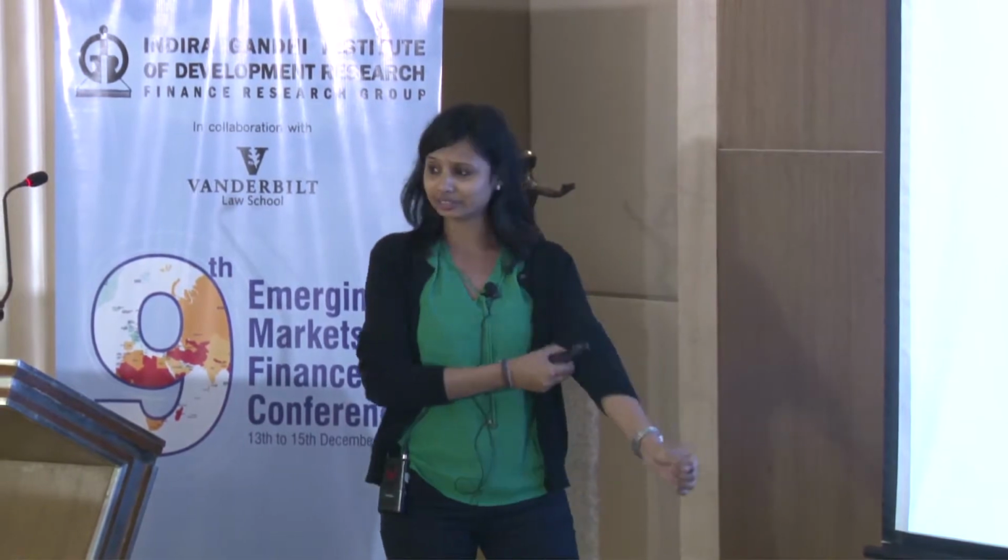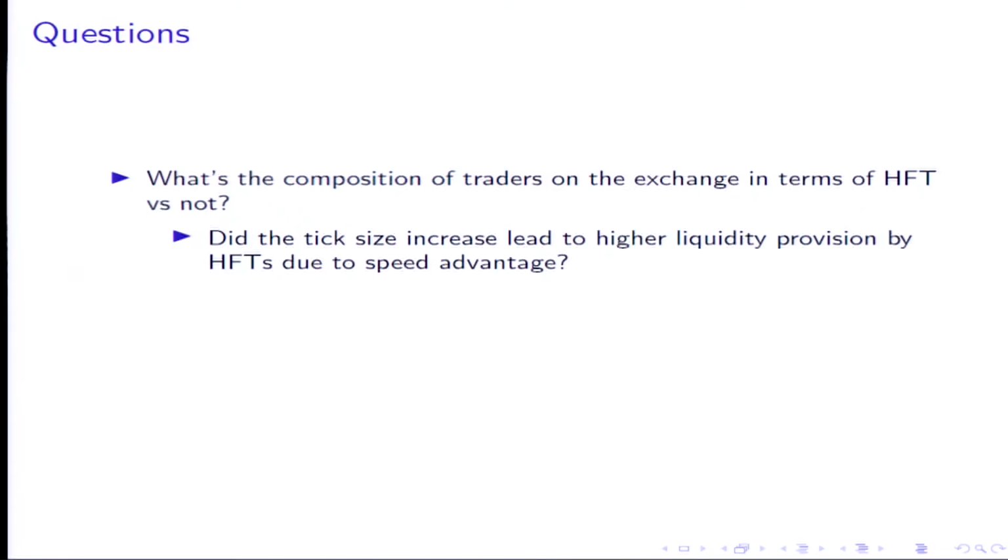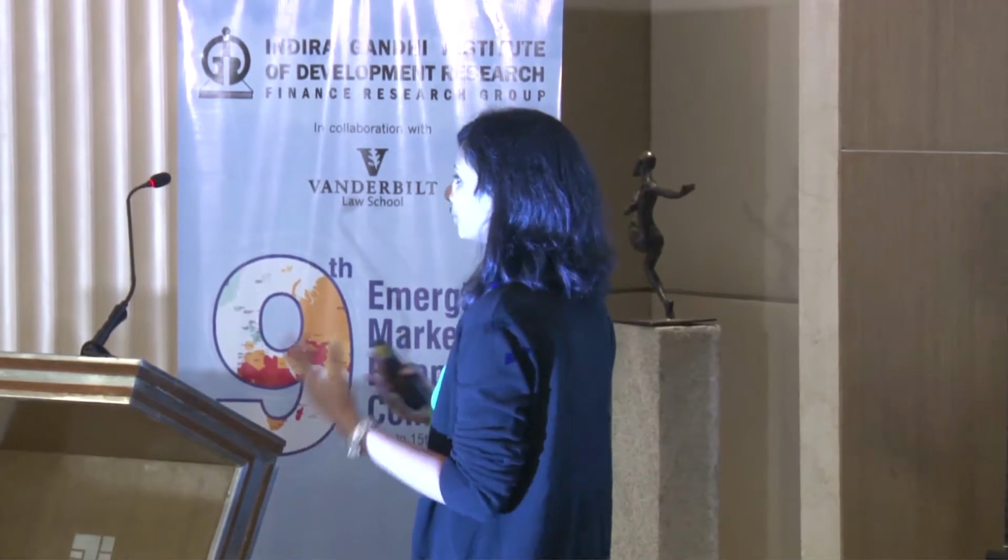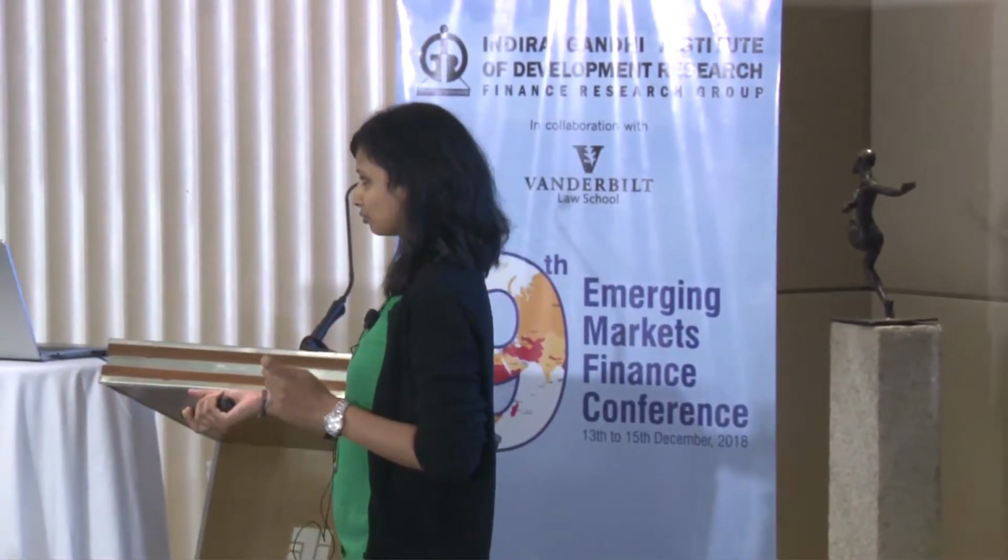Now, some of the questions that came to my mind when I started thinking about it: I was looking for more details in terms of composition of traders. The paper does say that the exchange accommodates algorithmic traders, but we do not know what percentage of the market it is.